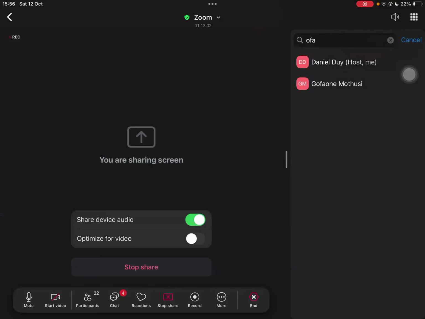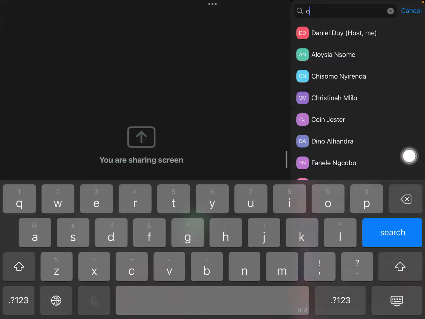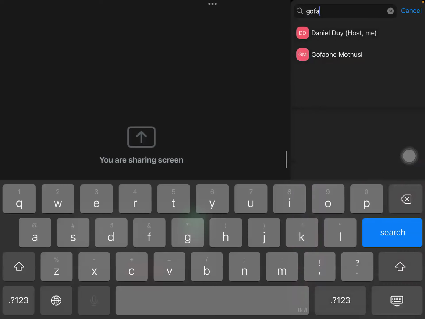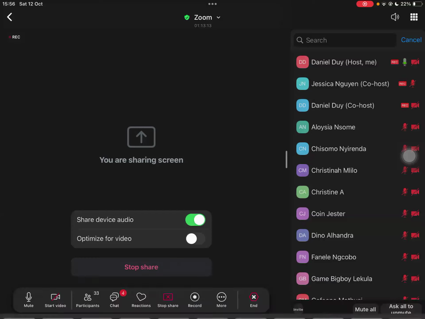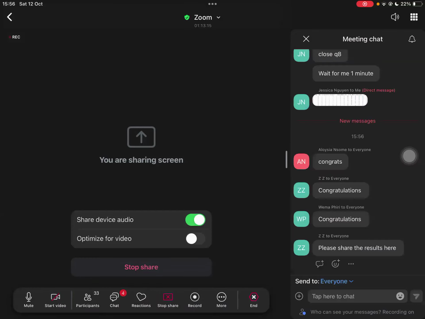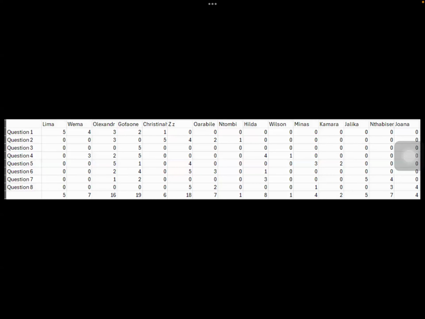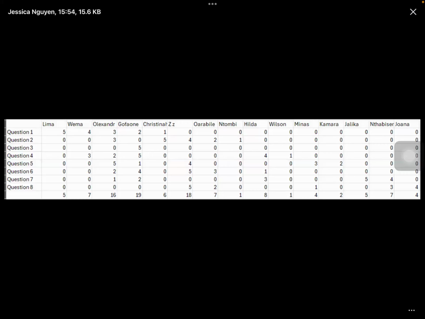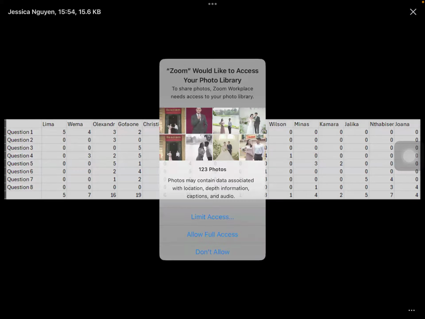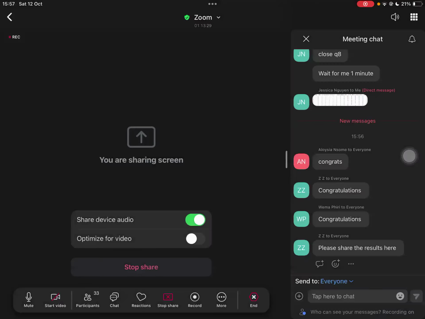Gofane, are you there? Oh, Gofane is not connecting to audio. All right, so I think I will inbox her later. Okay, please wait.